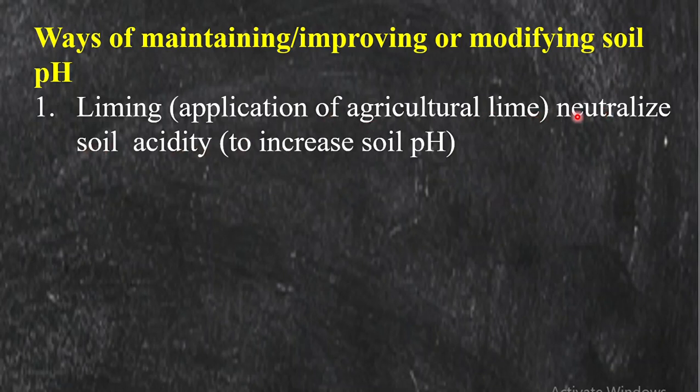This is a neutralization reaction which you learn about in chemistry. Since lime is a base or an alkaline, it's going to neutralize the acid. In the process, it will increase the soil pH. If all you want is to increase the soil pH, then you can do that by simply adding lime. The process by which this is done is called liming.